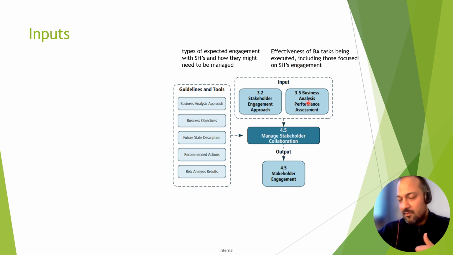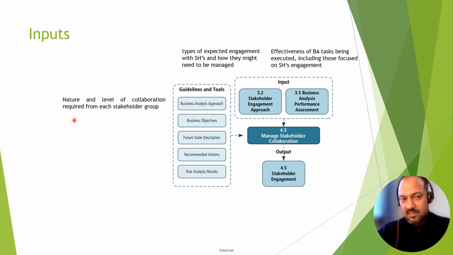When you are performing your business analysis activities, you also want to be more effective at every next step, using whatever new learnings you have to manage the stakeholders more effectively. You implement that learning in your next activity. So that's the effectiveness of BA tasks being executed, including those focused on stakeholder engagement.